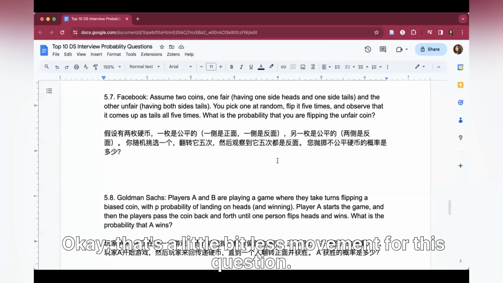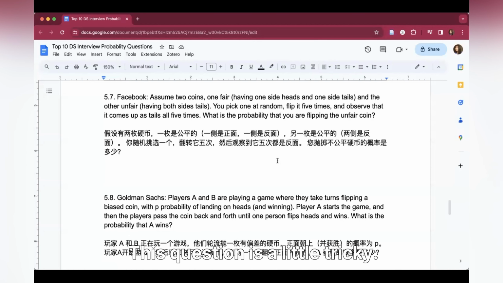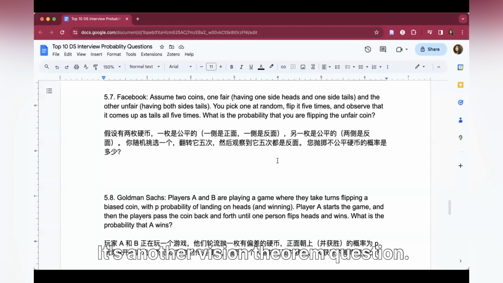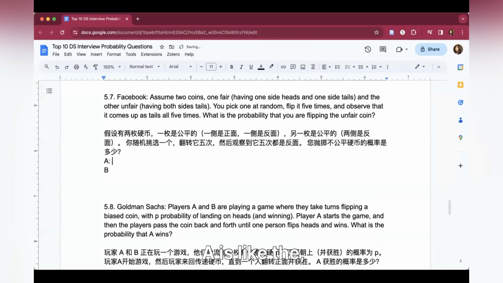Okay, let's move to the solution for this question. This question is a little tricky, but it's interesting at the same time. You think it's hard, but it's not. It's another Bayesian theorem question. So if we define A and B, A is the unfair coin, while B is the coin that shows tails 5 times straight.